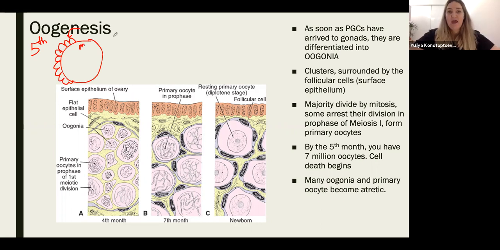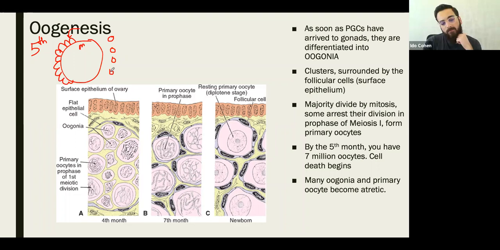So 5th week, we have PGCs. The problem is that these PGCs do not carry XY chromosome. They carry XX because we have to make the oocytes. So what do these PGCs do? They come into the gonad and divide mitotically.